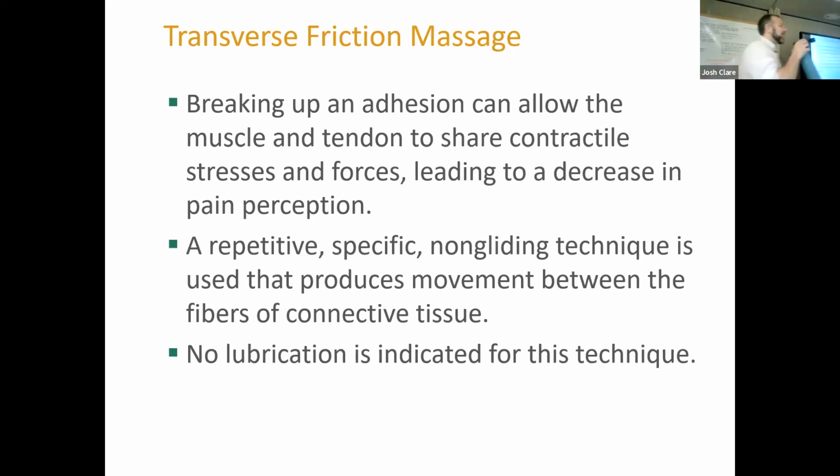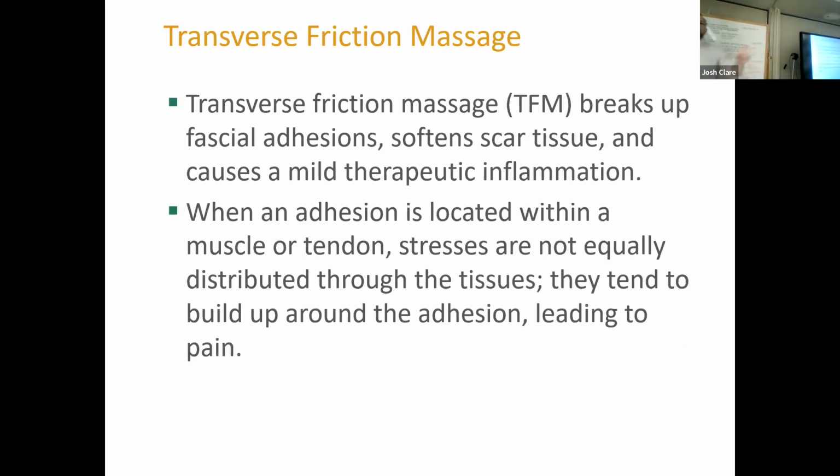So there are instrument-aided massage techniques we'll talk about later on. The brand's name is Graston Techniques. We'll talk about that in a little bit too. But yes, that's exactly what it would be used for.